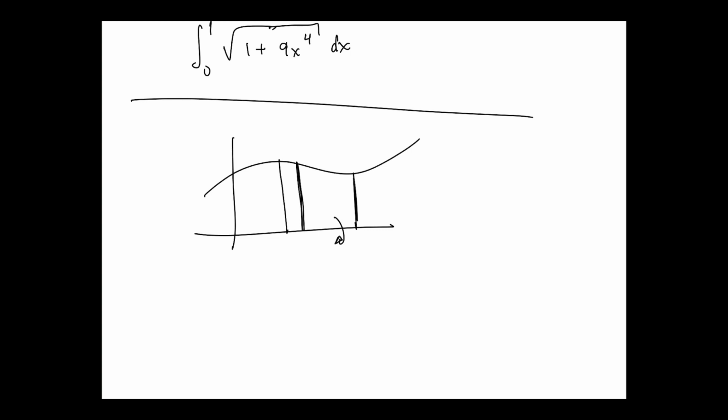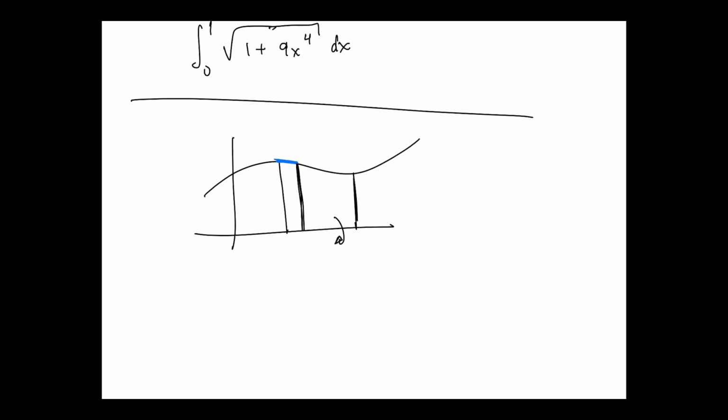What I would need to know is the length of that little piece, the thing I've drawn in blue there, and then I would need to multiply that by 2 pi r.